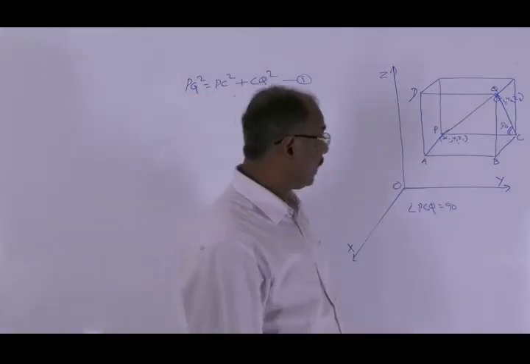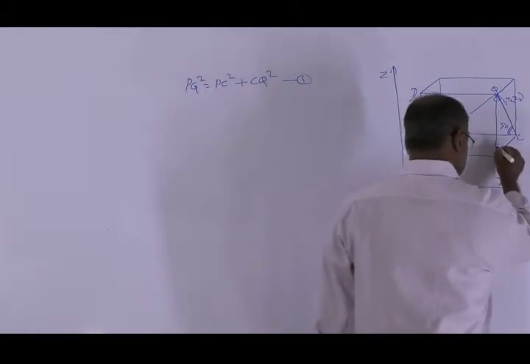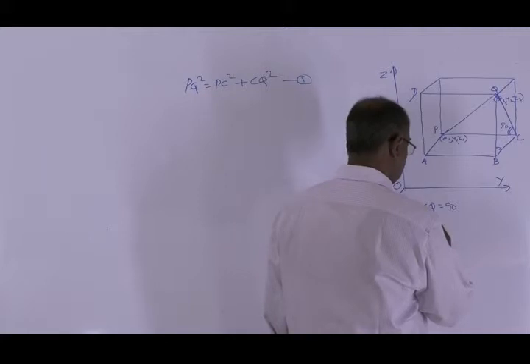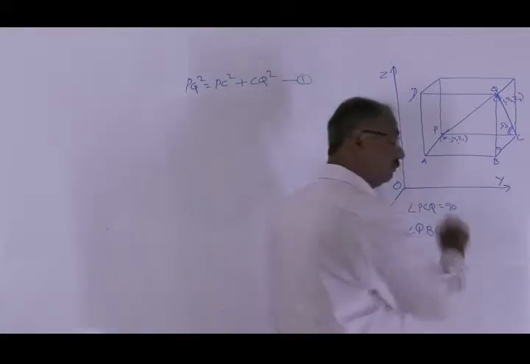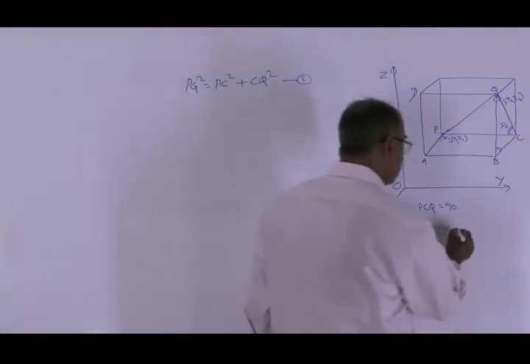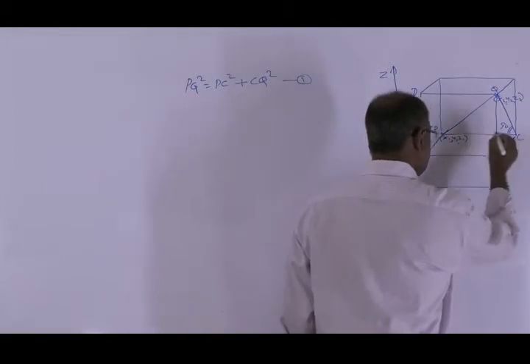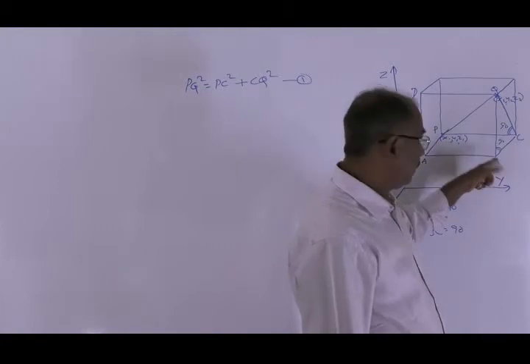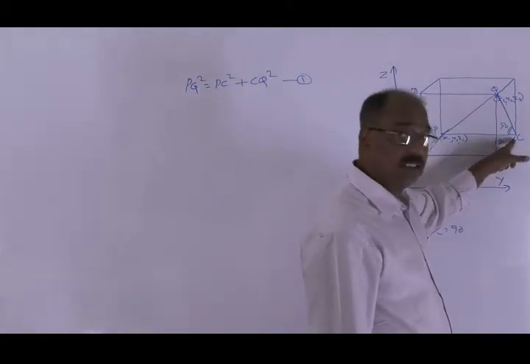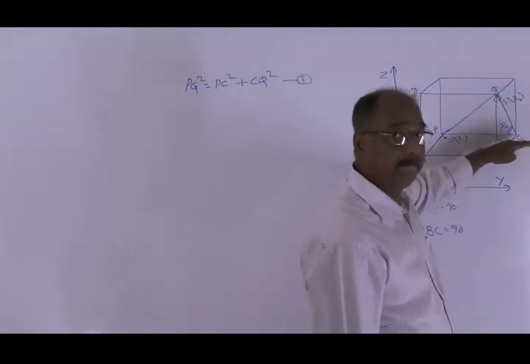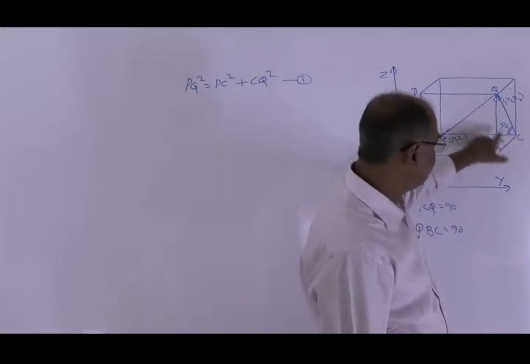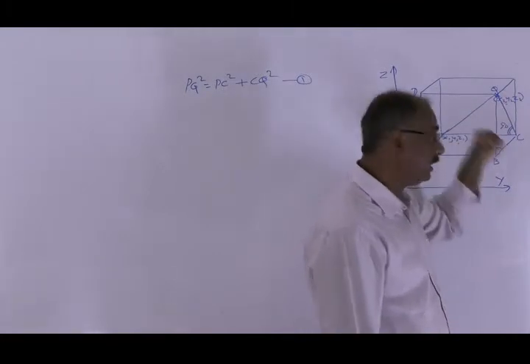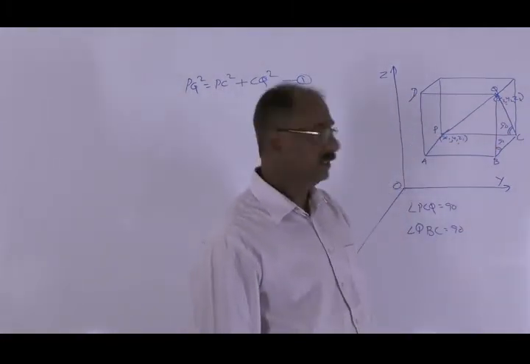And again, consider this angle QBC. This angle is also 90 degrees, because this is an edge, this is another edge of this side, and these two adjacent edges are perpendicular, and therefore this angle is 90 degrees.